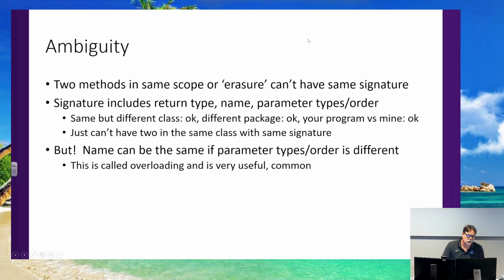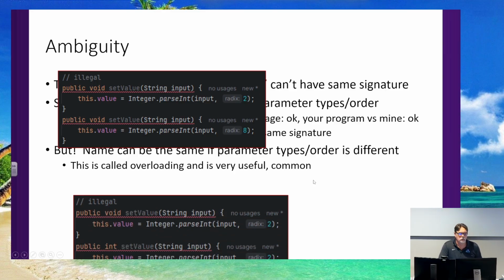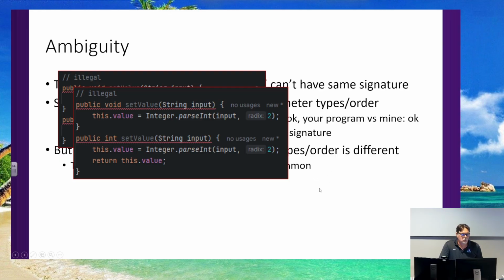Ambiguity we talked about. You can't have two methods with the same name and the same types in the parameter list. Also, I didn't say this, but it doesn't depend on the return type of the method either.